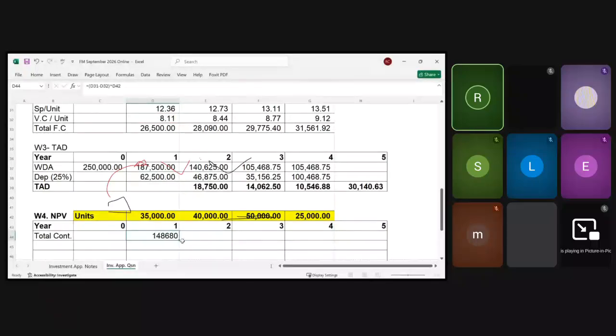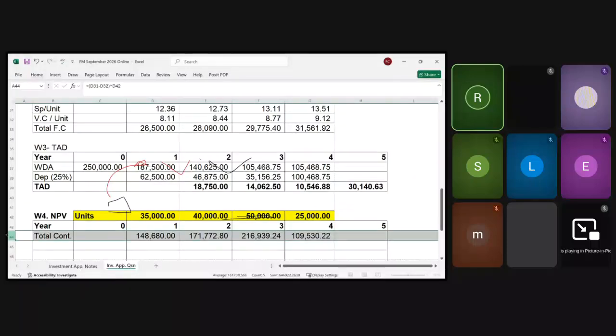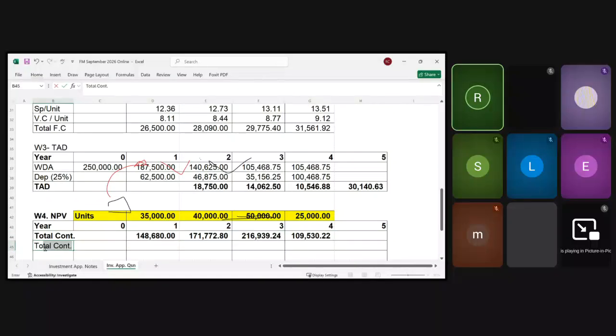I can actually drag up to year 4. All the answers, right? My total contribution is there. This is quite faster than calculating sales, calculating variable costs, and then adding more computations. So I can just calculate my total contribution at once, then total fixed costs.